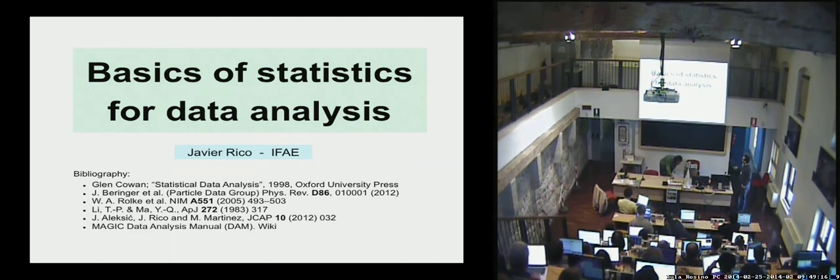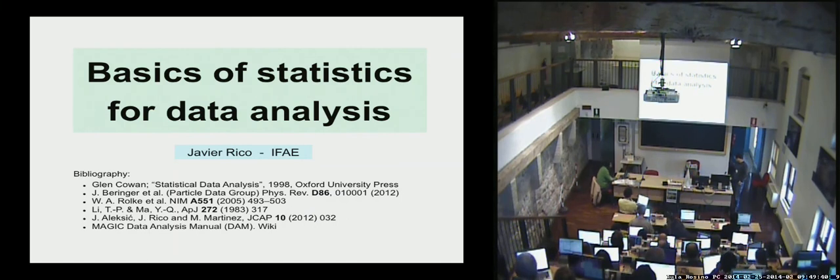I'm also using the Rolke paper and the Lee and Ma paper, and this paper of ours for the full likelihood method. I should say that everything I'm going to explain, apart from the unfolding, is already on the wiki. I think it's called the upper limit computation section or something like that. You can also check formulas and explanations there.